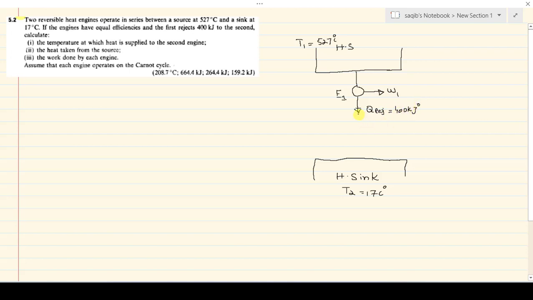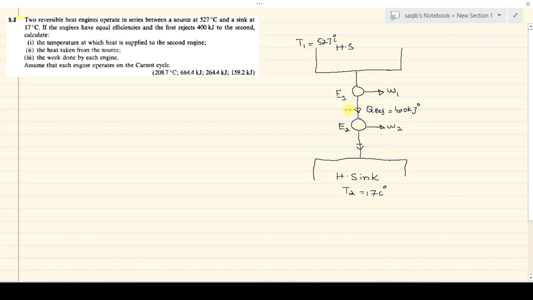Then another engine comes in series that delivers output work W2, which is engine 2. Finally the heat is delivered to the heat sink, and in this way the two engines work between the higher temperature and the lower temperature reservoir.